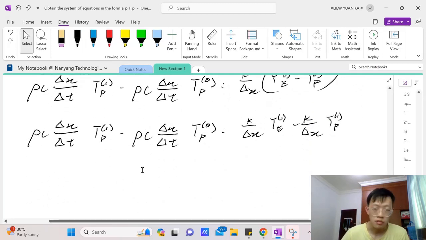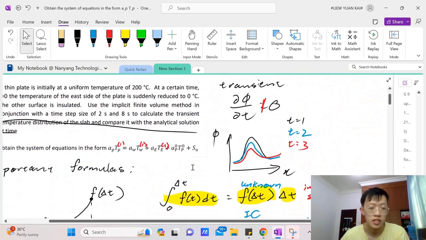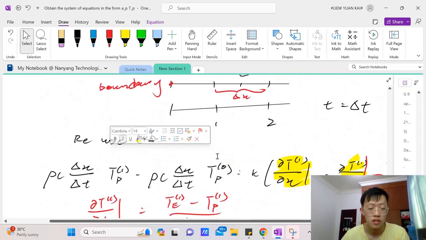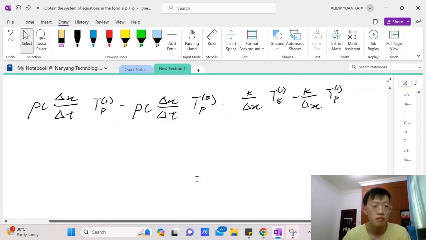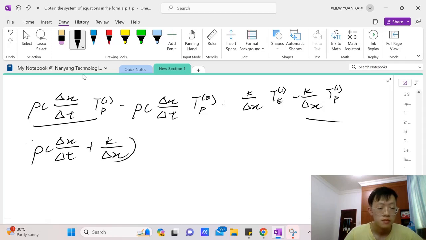Then I'm gonna rearrange it in the general form that they want us, right? Arrange it in this form. So we want the T1P terms first, so T1P, bring them together, plus J delta X. Next, we want the T naught P terms, so just bring this to the other side.